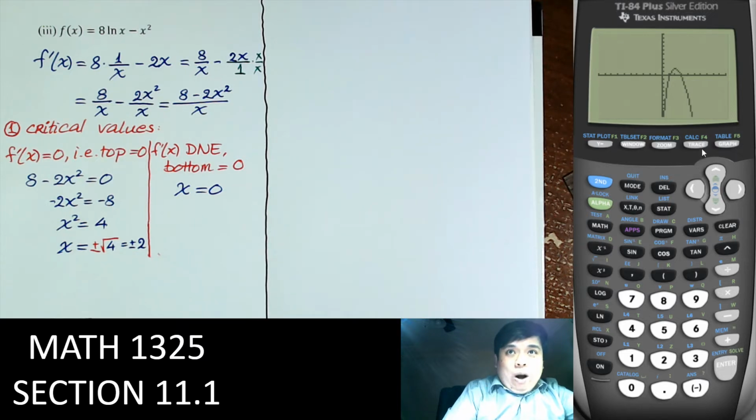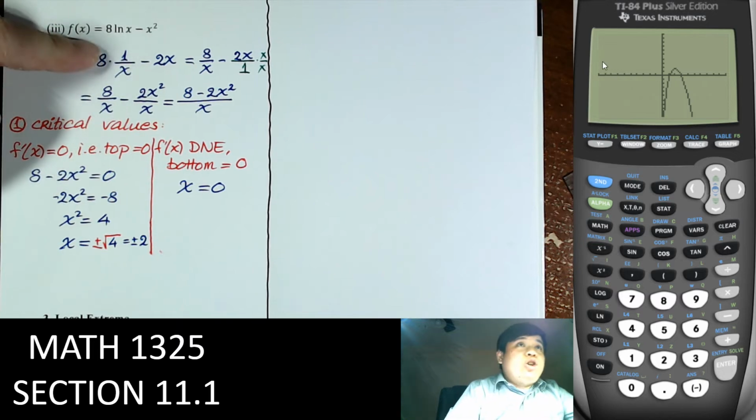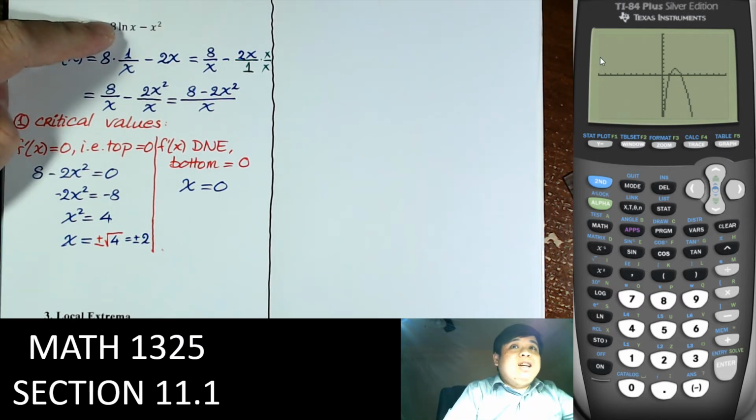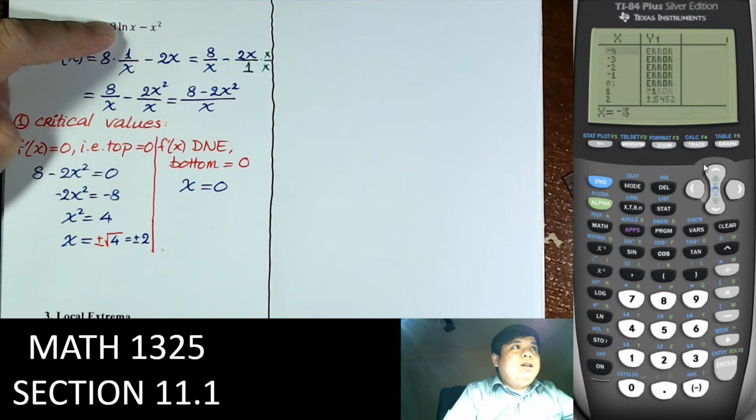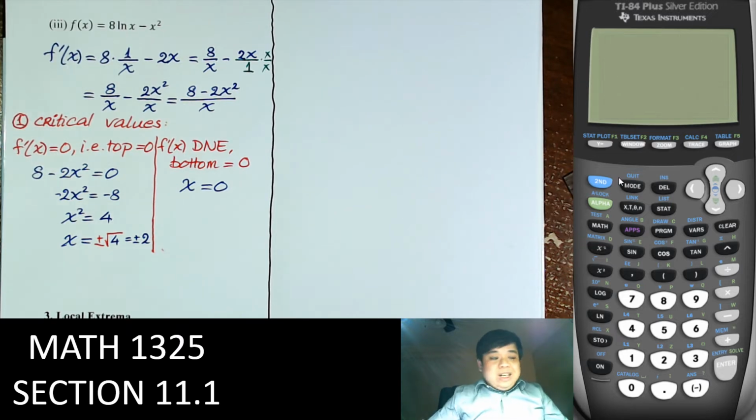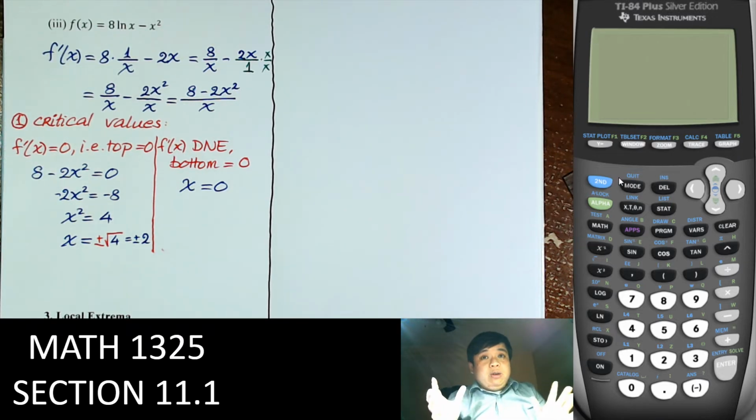Just one important thing though: notice that there's nothing on the left side of the y-axis, simply because ln of x is only defined when x is positive. If we go to the table, if it's negative, it's an error. The function is undefined.